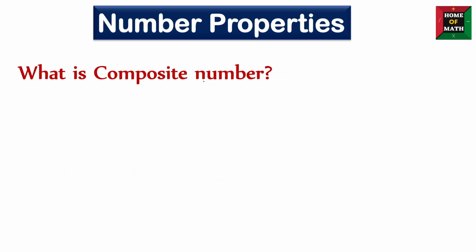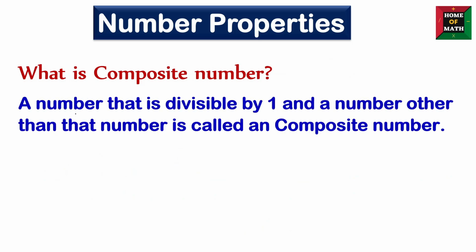What is a composite number? A number that is divisible by 1 and by numbers other than itself is called a composite number. Suppose 8.